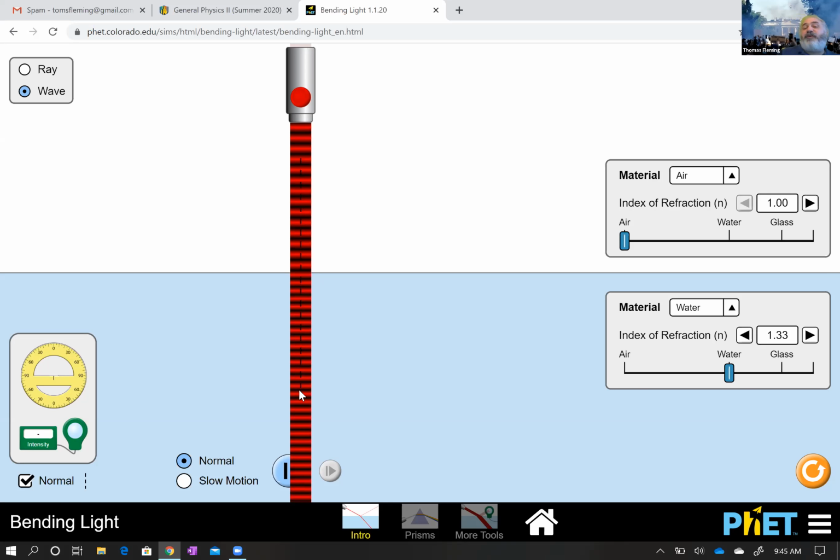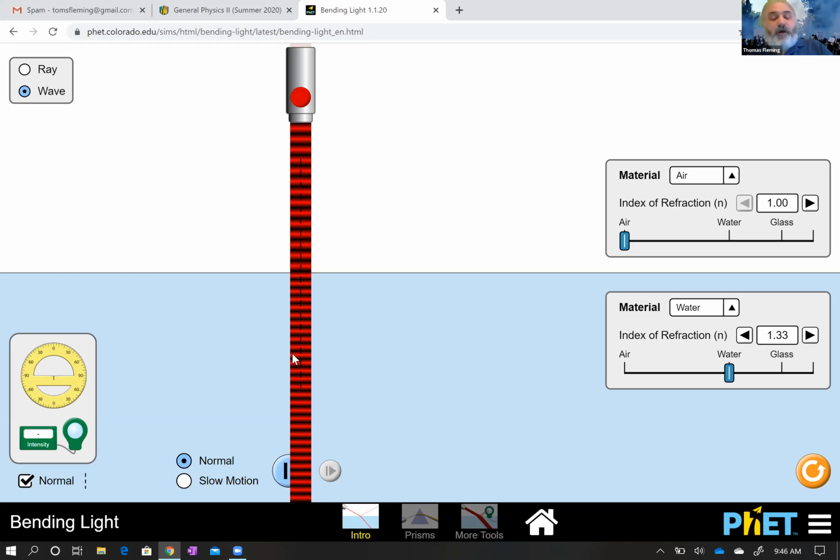Now, the frequency of my light hasn't changed. If I were to stand up here and count how many wave fronts go past me every second, and I were to travel down here and count how many wave fronts go past me every second, those two numbers would be the same. So the wavelength is changing, but the frequency is remaining unchanged.